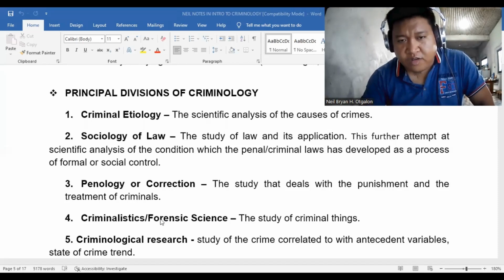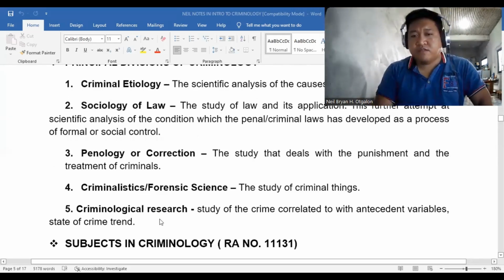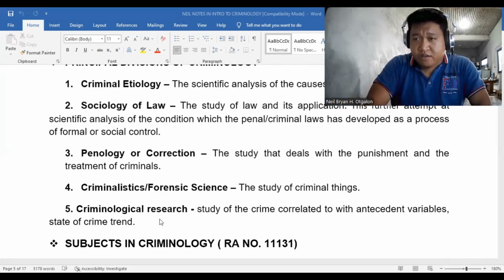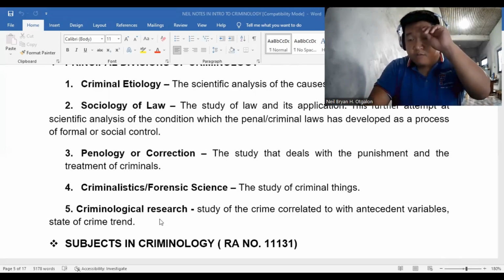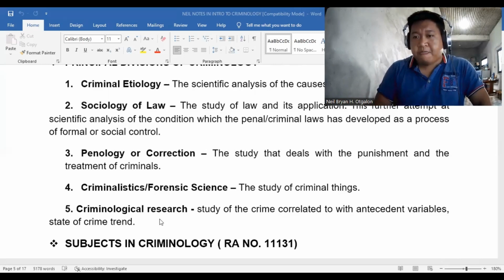Then also criminology deals about forensic science, no? Yan na yung nagbibigay na ang criminology is a science already because it utilizes criminalistics, forensic science to study things na hindi pwedeng i-explain ng tao, but it will be explained by science, no? So it is the study of criminal things. Katulad ng fingerprint, no?